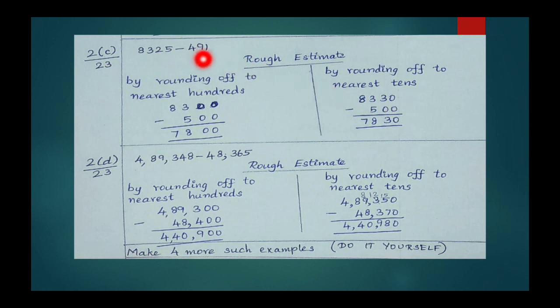Now 91 is lying between 90 and 100. Since it is greater than 50, 491 lies between 400 and 500. It is greater than 450, so it is rounded up to 500. Okay.